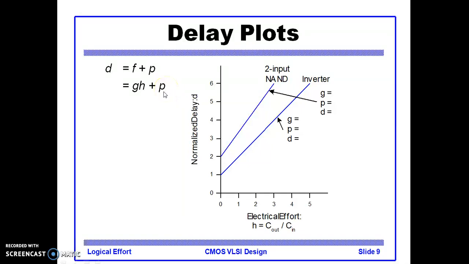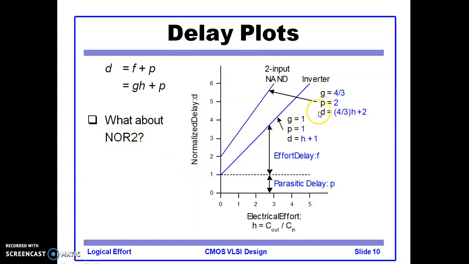The value of p for an inverter is 1, whereas the value of p for a 2 input NAND gate is 2. So that's why when h is equal to 0, the delay is 1 for the inverter and it is 2 for the 2 input NAND gate.